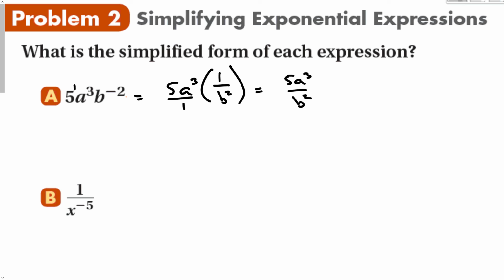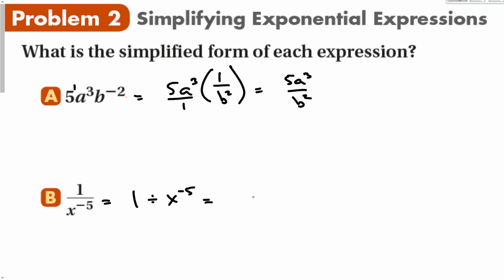Okay. For part B, notice we have a negative exponent in the denominator. Okay. So the simple way is to just move it to the numerator. The reason why this works is when we have a fraction like that, that's the same thing as saying 1 divided by x to the negative fifth power, okay?